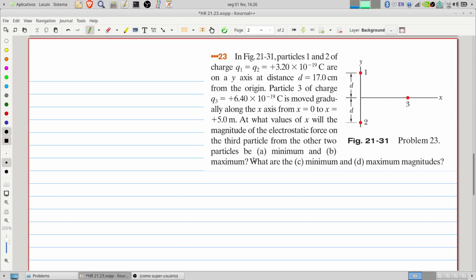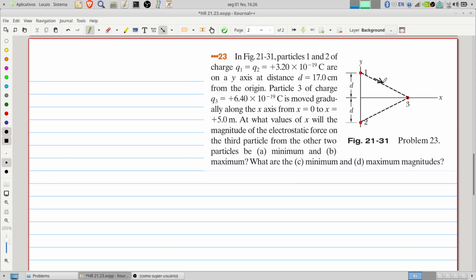Okay, first let's consider the direction of the forces. The electrostatic force will be in the direction of the line joining the particles. So here we have a line joining 1 and 3 and 2 and 3, so the force will be in these directions.